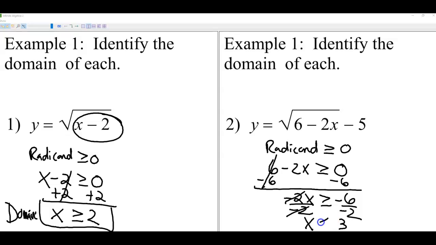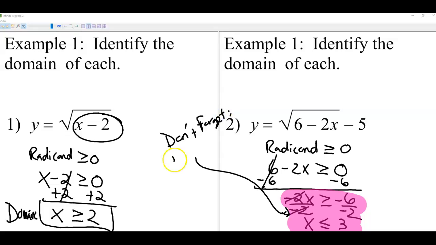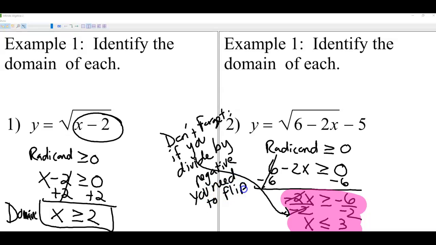I'll make a note of that, but if I were you, I would highlight that and write a note saying, don't forget, if you divide by a negative, you need to flip the sign.